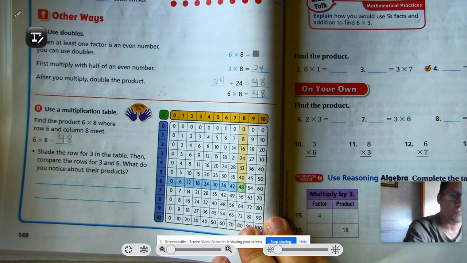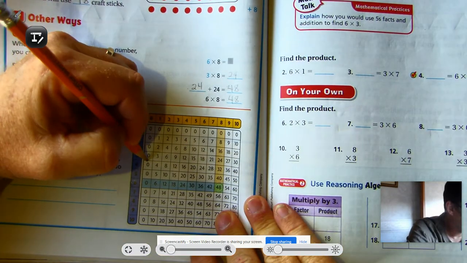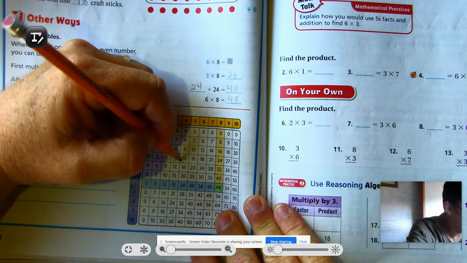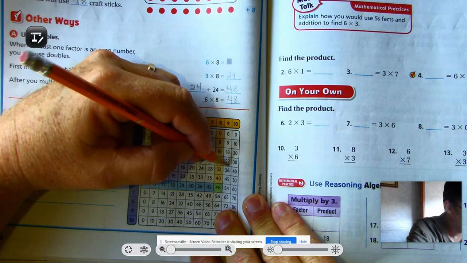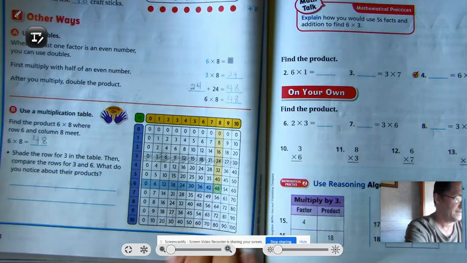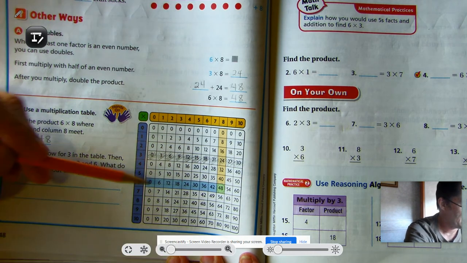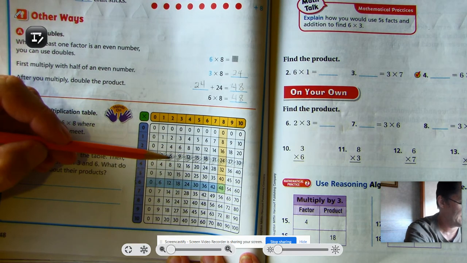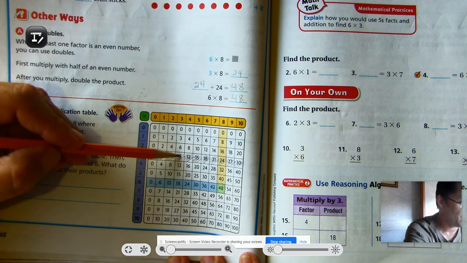Shade the row for 3 in the table. Okay, so we shaded the row for 3. Then compare the rows for 3 and 6. What do you notice about their products? 0, 0, 3, and 6. 6 is twice 3. 6 and 12, 12 is twice 6. 9 and 18, 18 is twice 9.